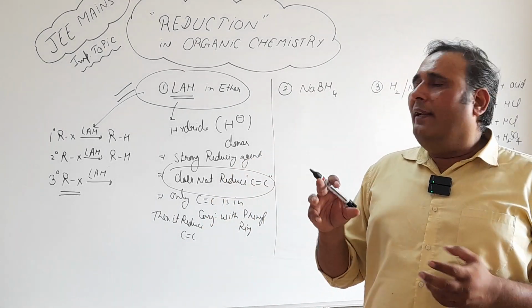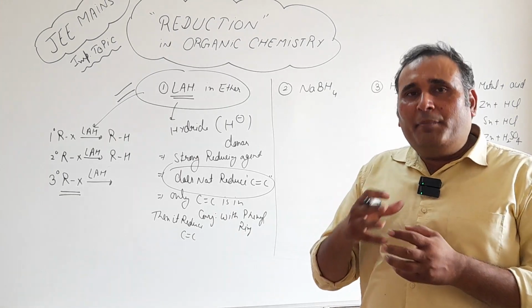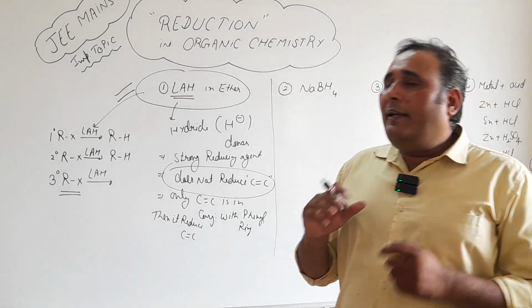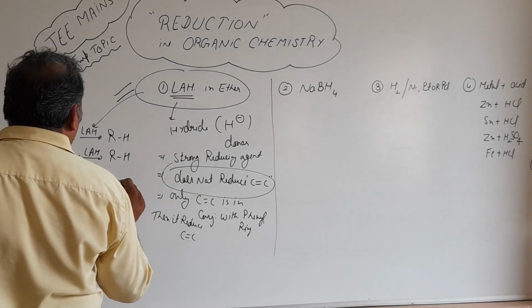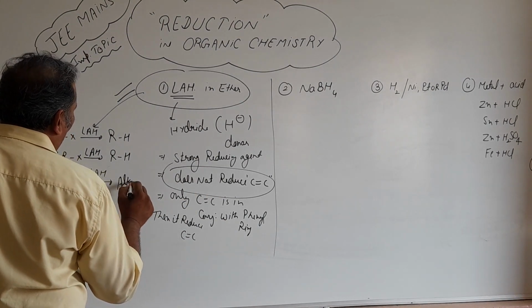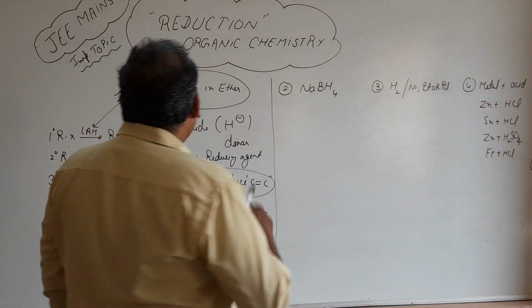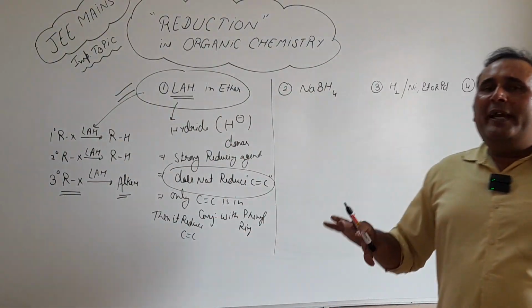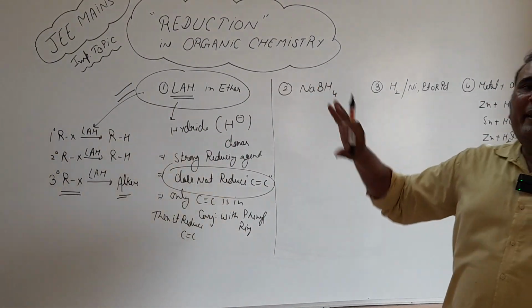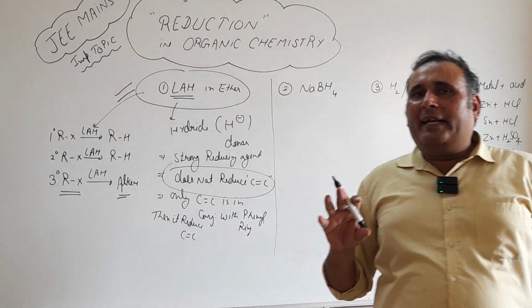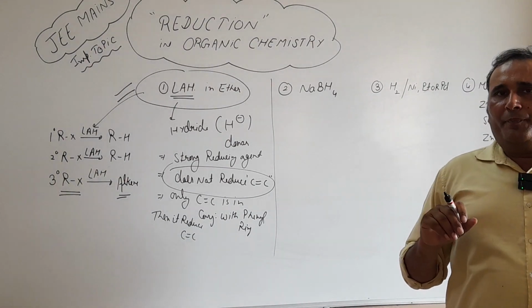So the hydride ion will act as a base, elimination will occur, and our major product will be alkene. These are the most important points to remember when lithium aluminum hydride is given in the question.